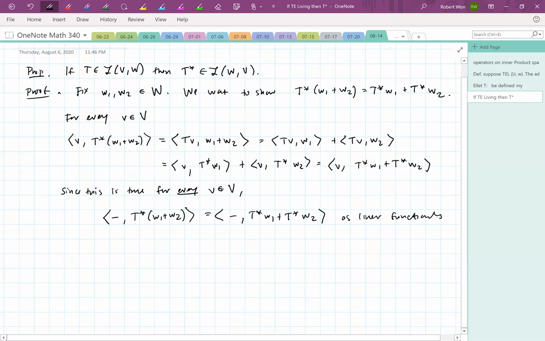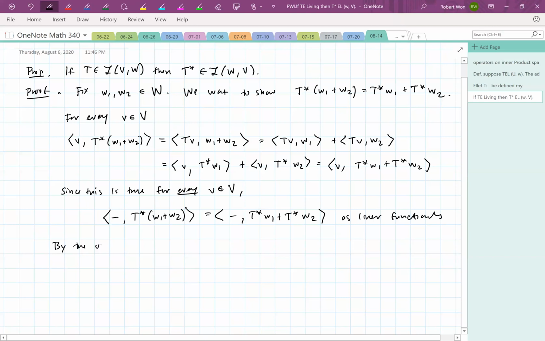But part of the Riesz representation theorem was something about uniqueness, right? In other words, if you take the inner product with u1 and you take the inner product with u2 and they give you the same functional, then u1 and u2 must be the same vector. Go back and look at the uniqueness part of the Riesz representation theorem.